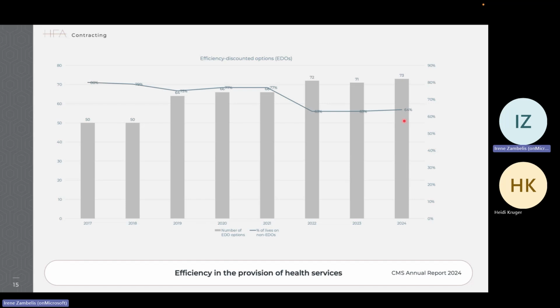Now, we know that that's not allowed according to the Act, because the Act says all beneficiaries within an option must get the same benefits and pay the same contribution. So the schemes with EDOs have applied for exemption from Council, and they've been successful in that.